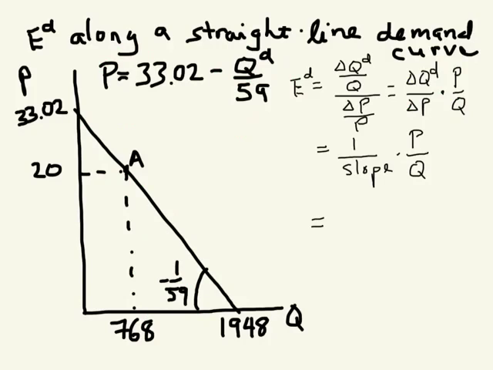The reciprocal of negative 1 over 59 is just negative 59. So 1 over the slope turns out to be just negative 59. Then we multiply that times our price, which is 20, and divide by our quantity, which is 768.